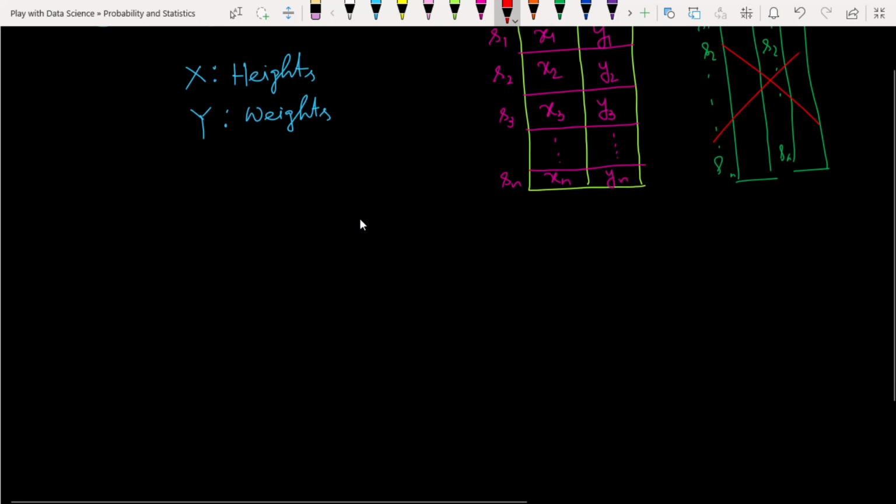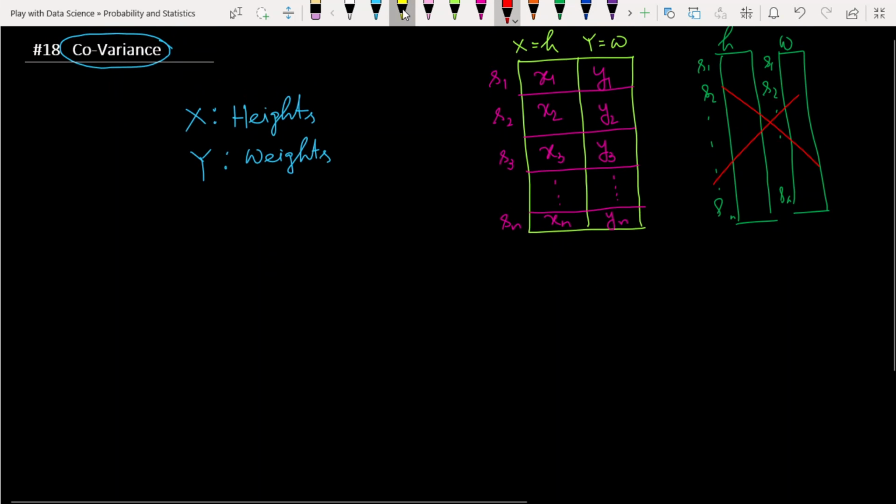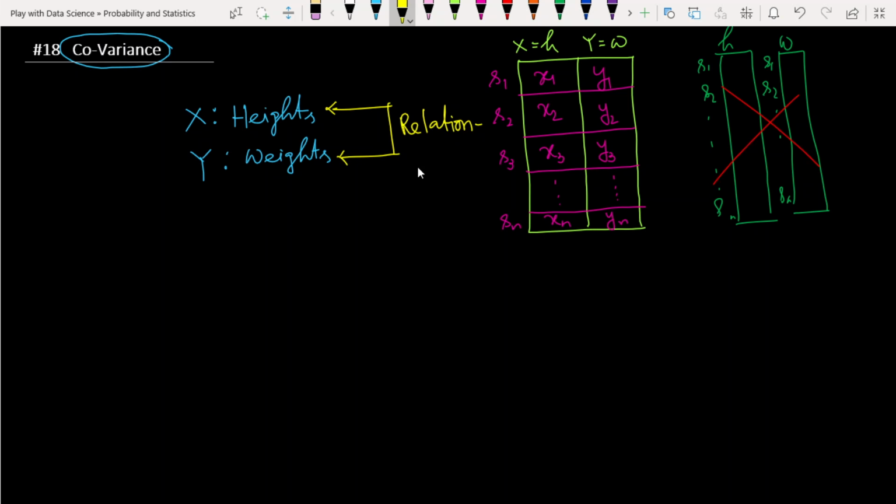Now the second thing that we want to answer. These two random variables x and y, height and weight, what are the relationships between these two things? What is the actual relationship that we are interested to find?